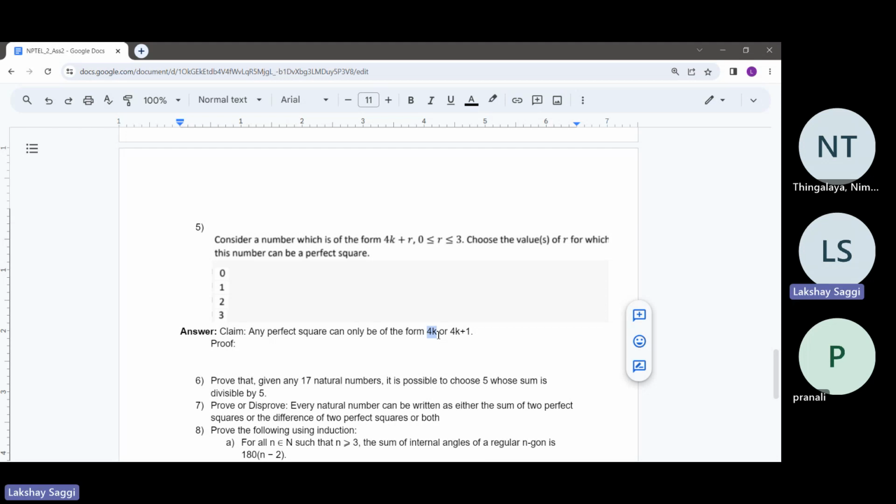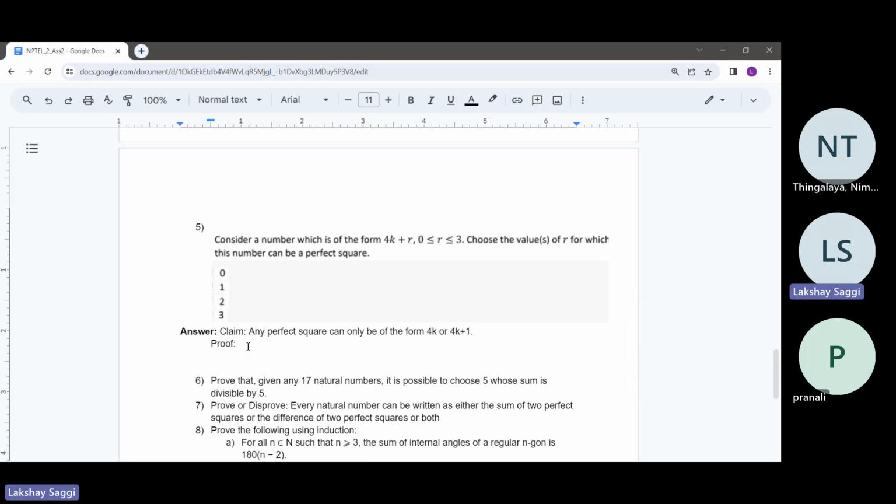Similarly, an example of a perfect square of the form 4k plus 1 is 9. Now we have given examples for both 4k and 4k plus 1, but we also want to prove that no perfect square will be of the form 4k plus 2 or 4k plus 3. So we basically want to prove that a perfect square can only be of these two forms.